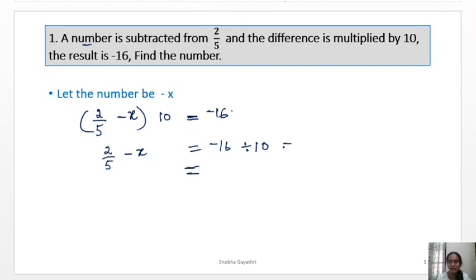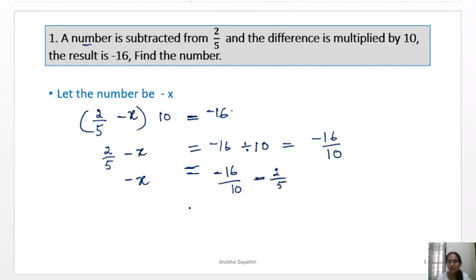Let me write in fraction form to make the calculations easy. Now 2 by 5 should be transposed to the other side. Let the minus x be here. On the right, minus 16 by 10. It is addition here, so it becomes minus there, so minus 2 by 5.